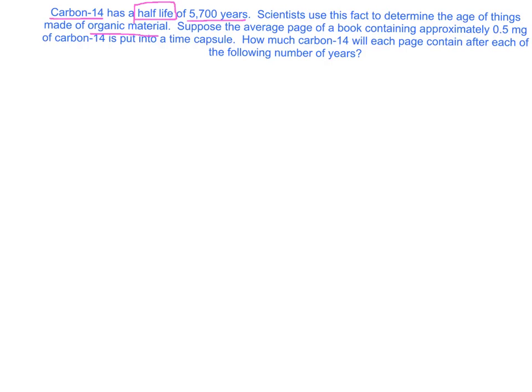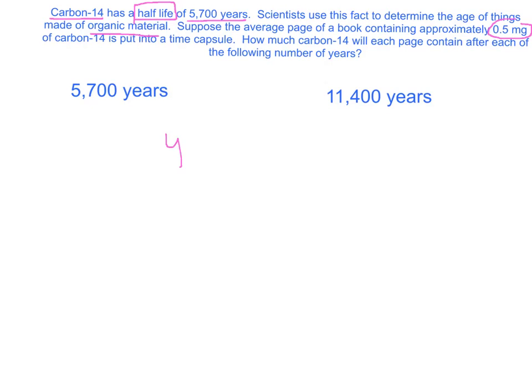So, suppose the average page of a book containing 0.5 milligrams of carbon-14 is put into a time capsule. How much carbon-14 will each page contain after each of the following number of years? So how much carbon-14 will the page contain after 5,700 years and after 11,400 years?